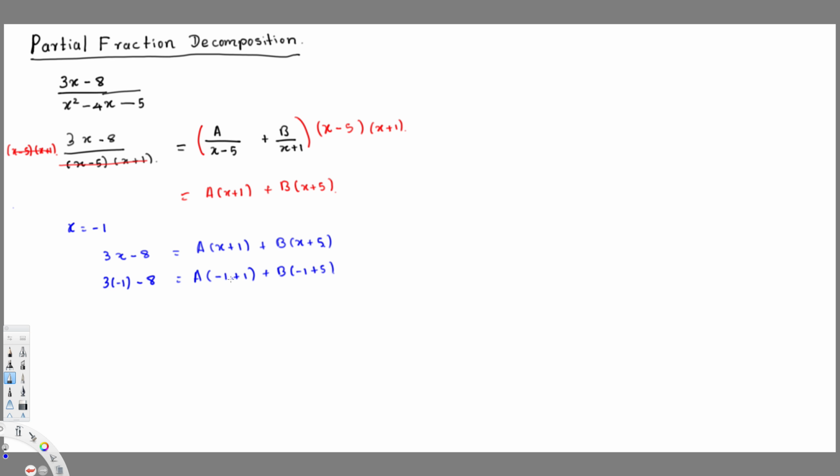The -1 plus 1 is going to be 0, so we can eliminate this one completely. And this is going to be -3 minus 8.